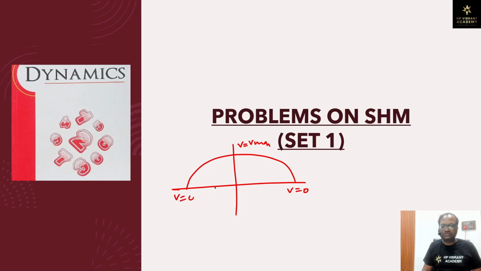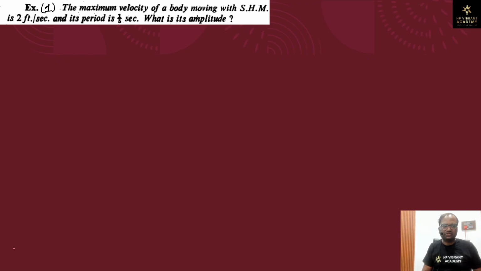At the center of force, acceleration is equal to 0, and acceleration is maximum at the extremities. So this we have seen in the previous set of lectures. Let us start discussing the questions.